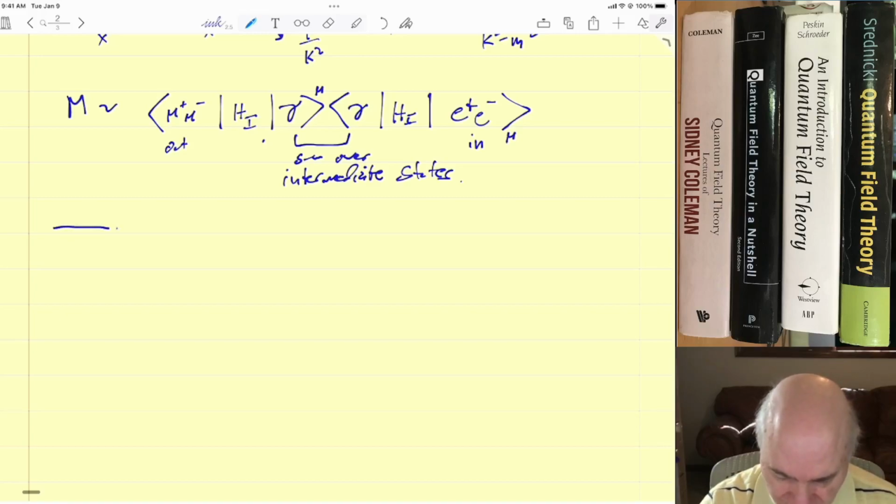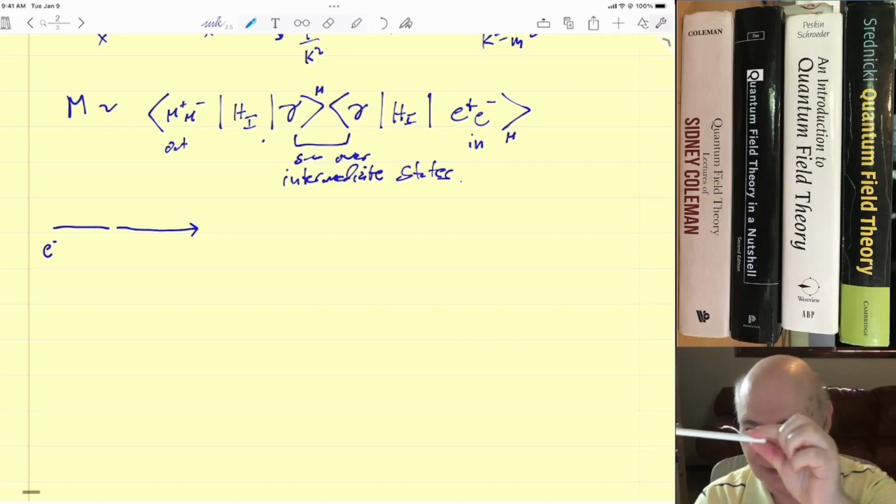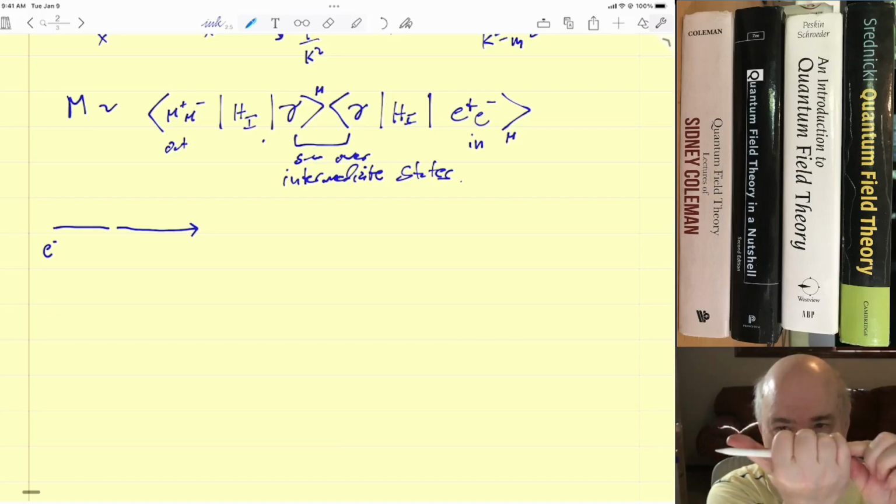So we have an electron. We're going to take a right-handed electron. So what does a right-handed electron mean? It means when you put your right hand around it, think of it this way, this is the electron, you put your right hand about it, your thumb points in the direction of motion, and this thing curls around with the right hand.